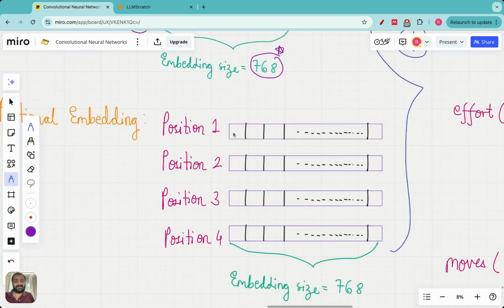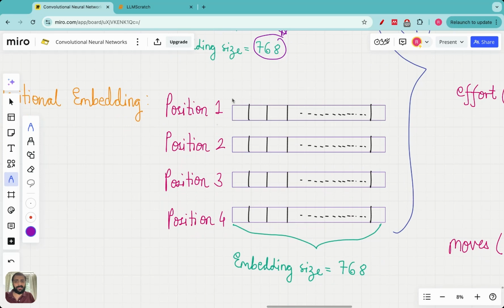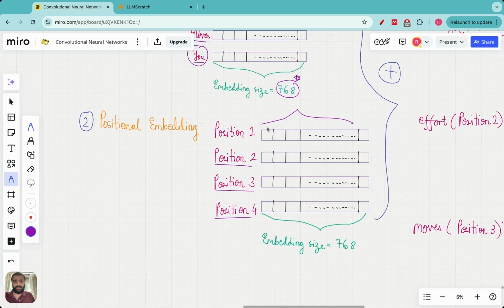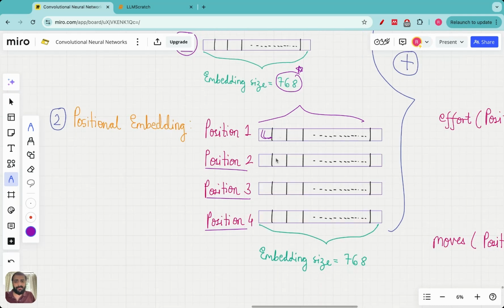Position number 1 has again a 768 dimensional vector. Position number 2 has a 768 dimensional vector. Position number 3 has a 768 dimensional vector. And position number 4 has a 768 dimensional vector. Similar to token embedding, we actually do not know the embedding values in each of these positional embedding vectors.